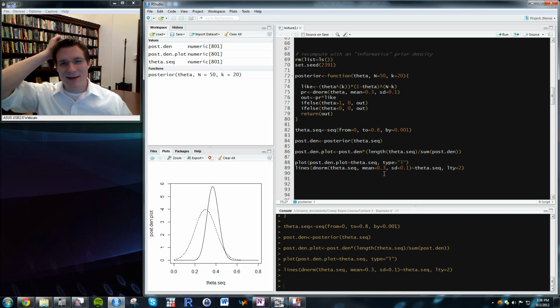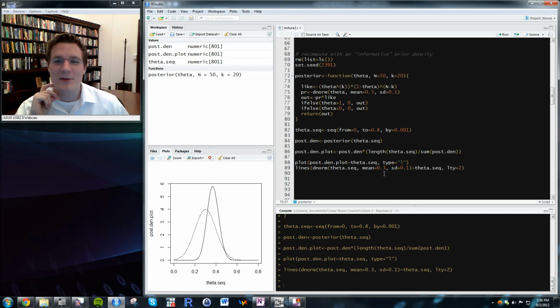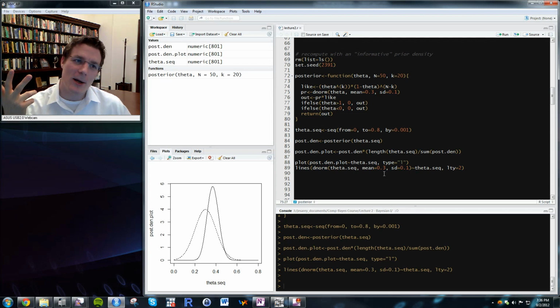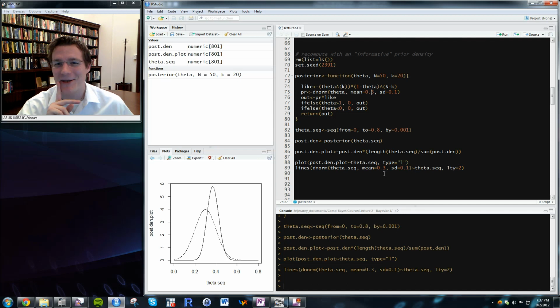This is not an especially great prior because it allows there to be prior weight on thetas outside of this 0-1 interval, which is kind of stupid. So we might think about setting the prior to something that limits it to 0-1 if we wanted to get serious about this, which one should do.